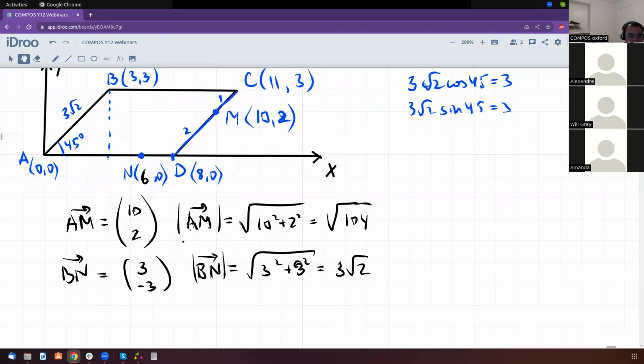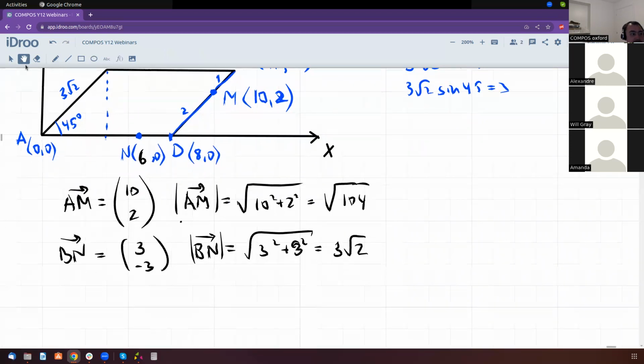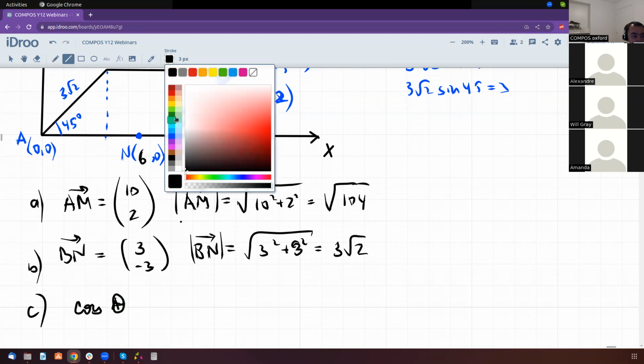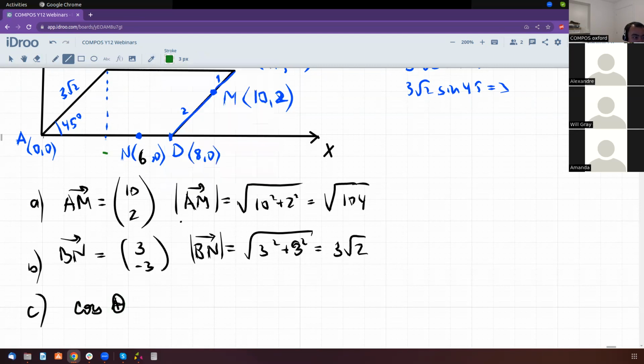Now the interesting bit, the angle between BM and BN. So that's A, B, C. So we know the cosine of the angle between AM, cosine theta. So this is AM, and this is BN, and we need this angle.